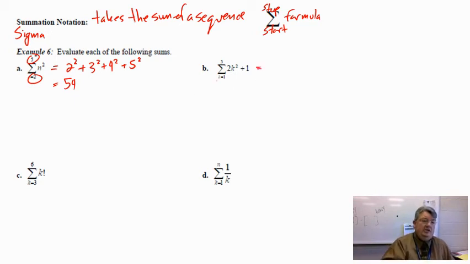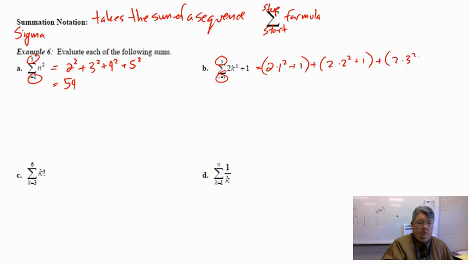This is saying start with the first term and add through the third. So I'm going to add 3 terms. So 2 times 1 squared plus 1, plus 2 times 2 squared plus 1, plus 2 times 3 squared plus 1.